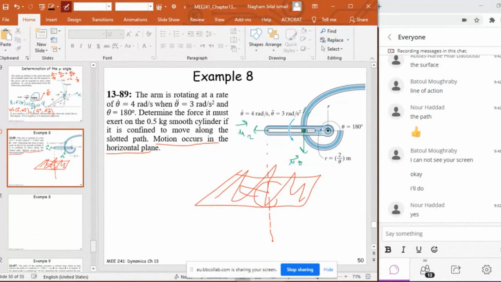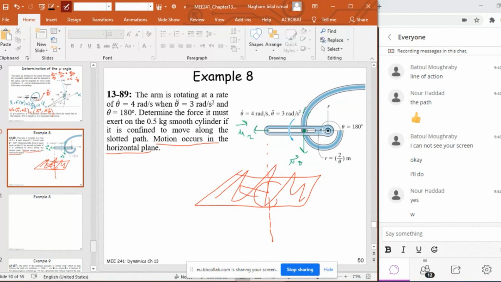If I want to write the equation of motion, I should draw a free body diagram. If I draw the free body diagram in this horizontal plane, what force will not be shown? The weight. Perfect, Noor. The weight will not be shown because it doesn't belong to this horizontal plane.